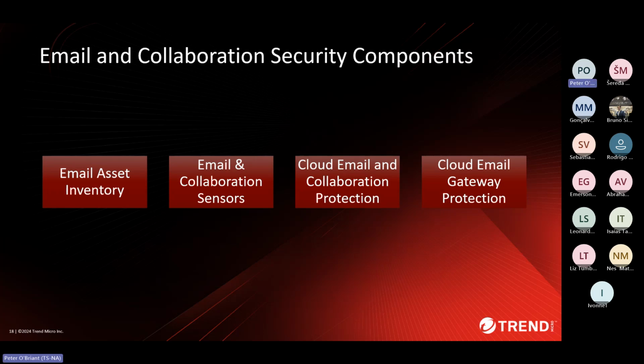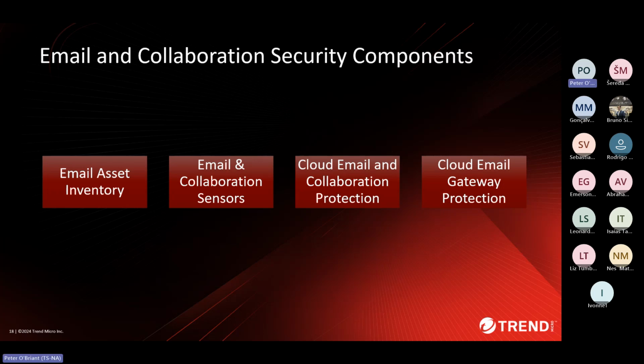Then the email sensor is going to allow you to manage the Trend Vision One email sensors in your environment. So after you deploy those for the email service, then you can enable the sensor detection and response for email accounts. And then also email sensor detection and response will send activity to the Trend Vision One data lake. That way for that detection and alerting.